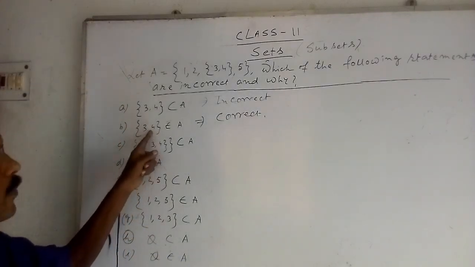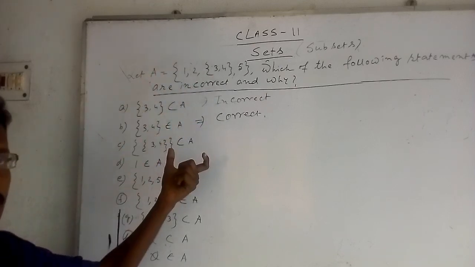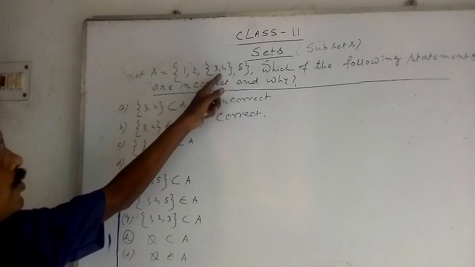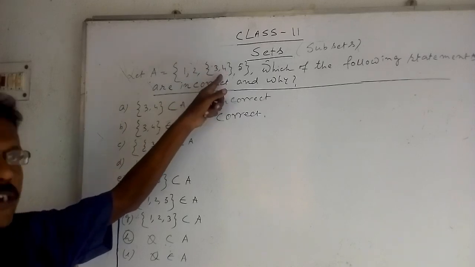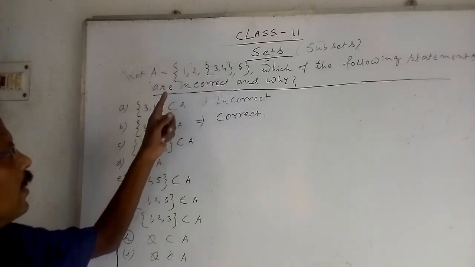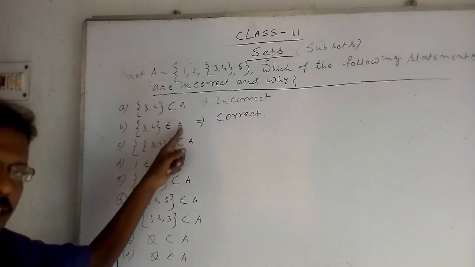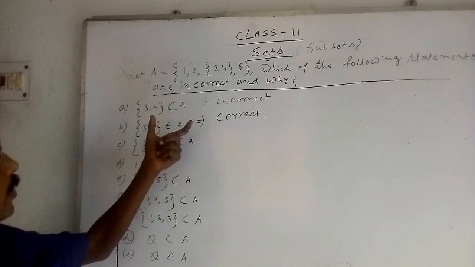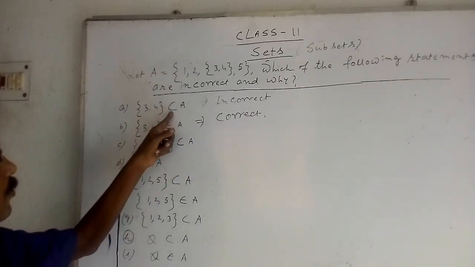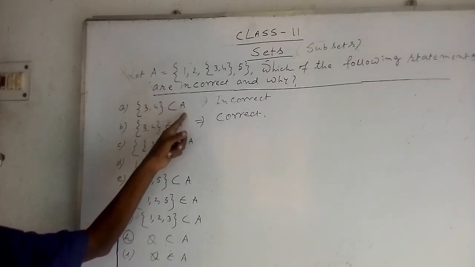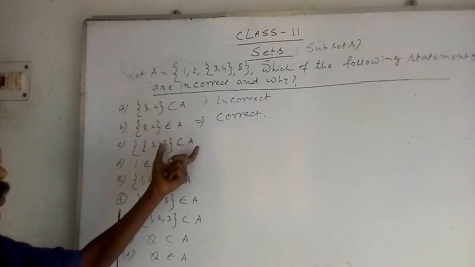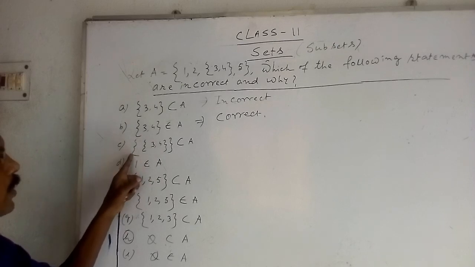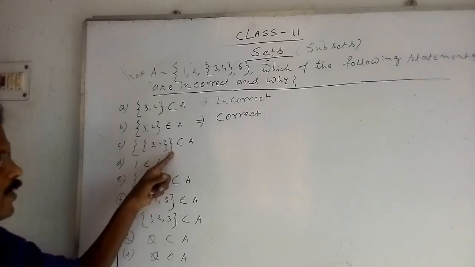In this case, I am again telling you, this {3, 4} within the second bracket is treated as an element. An element belongs to a set. This is a correct statement. You cannot put a subset sign between an element and a set. Now come to the third one. The element is now in a second bracket.